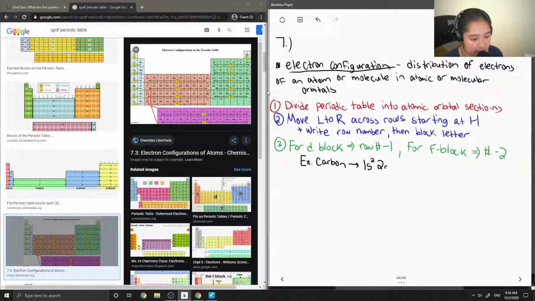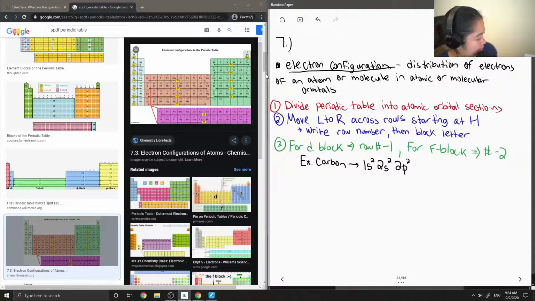So this is 2s2. And then moving over to the 2p, we count out 1, 2, up to the carbon. So it has a final electron configuration value of 1s2, 2s2, 2p2.